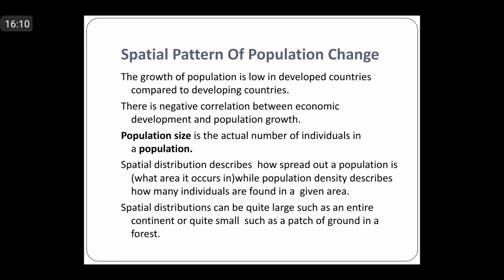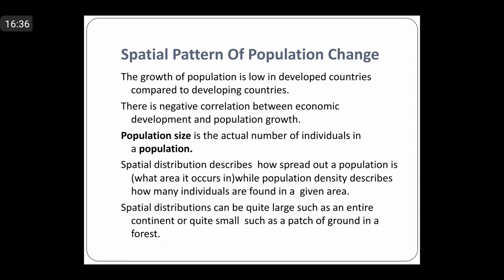Now there comes the last topic in this video, that is the spatial pattern of population change. What is a spatial pattern? Spatial pattern of population in fact means how spread out a population is, in which areas it occurs. Okay, so this is what a spatial pattern of population is.